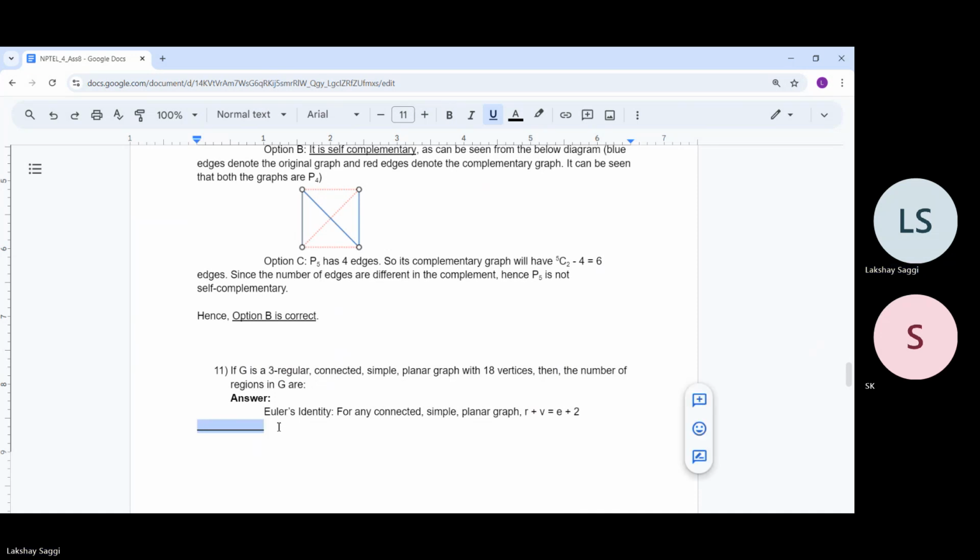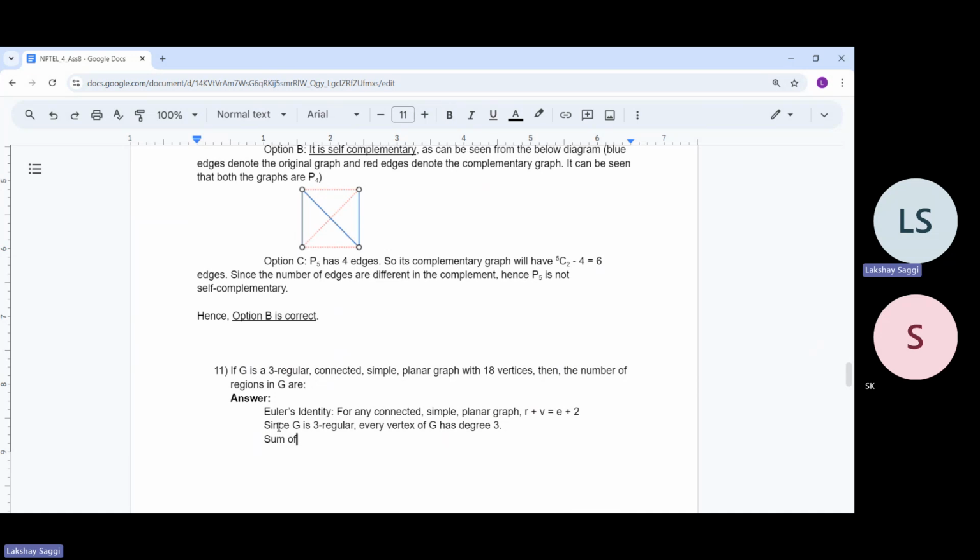Since G is 3 regular, every vertex of G has degree 3.